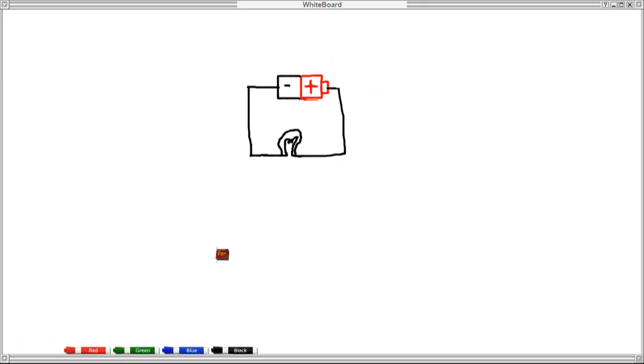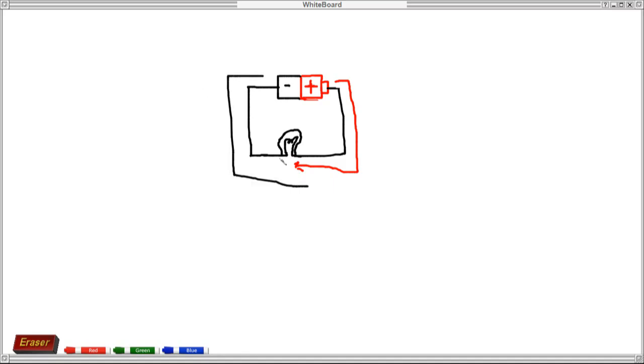So I have this circuit here, and as you all well know, whether you're considering the conventional current, which is basically electron holes traveling from positive to negative, or the electron current, which is the traveling of an electron from one point to another, current is flowing through here.